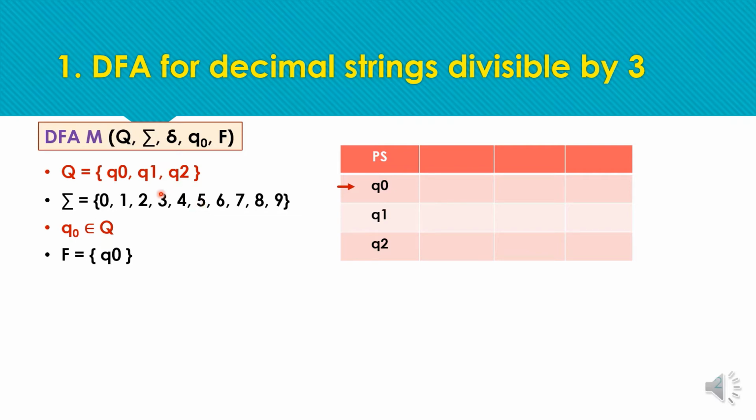As possible remainders are 3, the input will be divided into 3 sets.